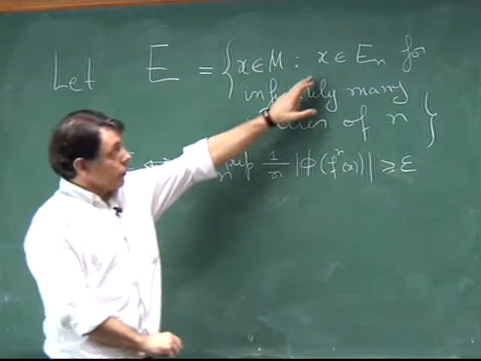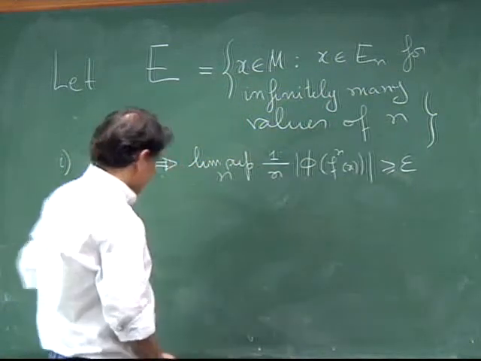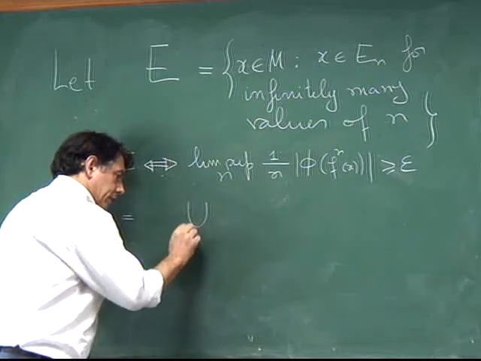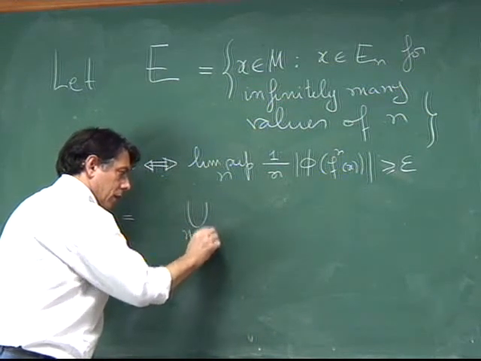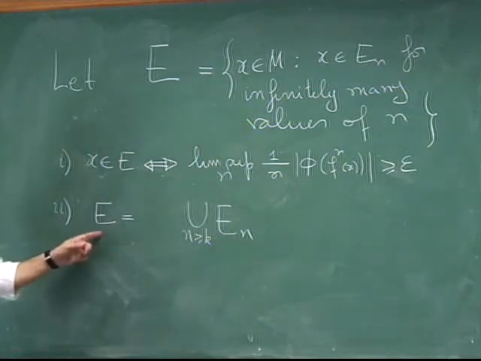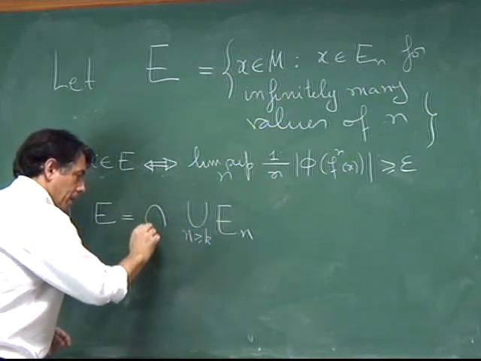To say that a point belongs to E_n for infinitely many values of n is the same thing as saying that if you look only at n's bigger than k, then your point is in there for any k.